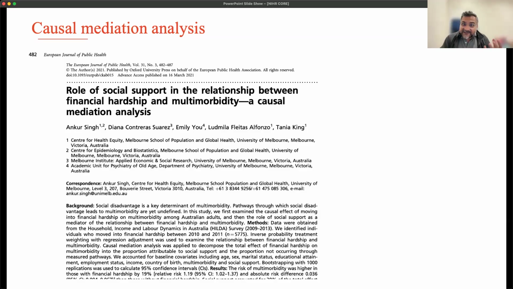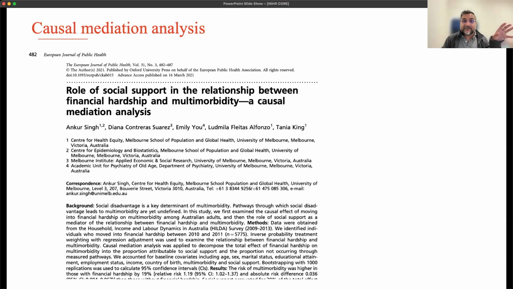Now, there is a further advancement of this. In this, we quantified the natural direct and the natural indirect estimates. But actually, the recent causal methods also further, in the interventional causal mediation analysis, allow you to see exactly what's going to happen if the same level of resources in terms of the mediator were given to the disadvantaged group as much as the advantaged group.